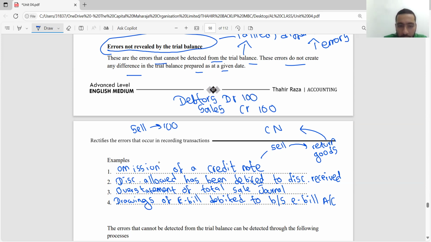Did you understand, children? You sell 100 rupees worth of fruits. This is your double entry for credit. Very simple.